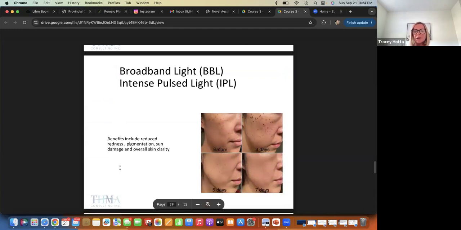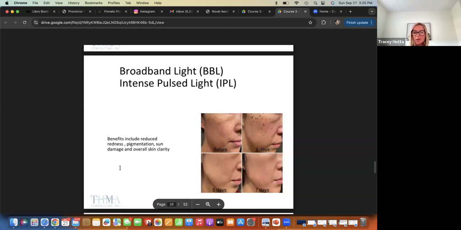So broadband light or intense pulse light, these are basically very similar, IPL, BBL. They are wonderful treatments to add to your practice. They basically address discoloration in the skin, so redness and pigmentation, but also add to the overall look of your skin.